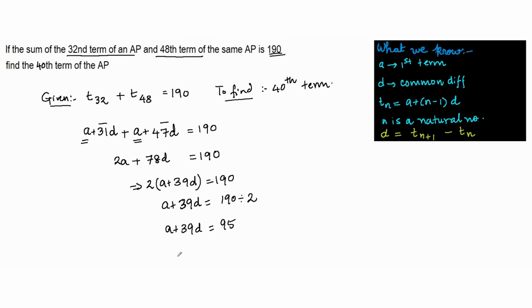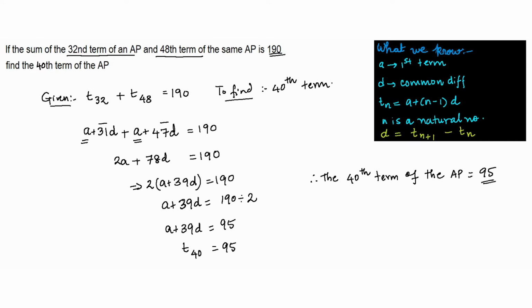Now what is the meaning of a plus 39d? a plus 39d is the 40th term of this particular AP, and therefore I can say that the 40th term of the AP is going to be equal to 95.